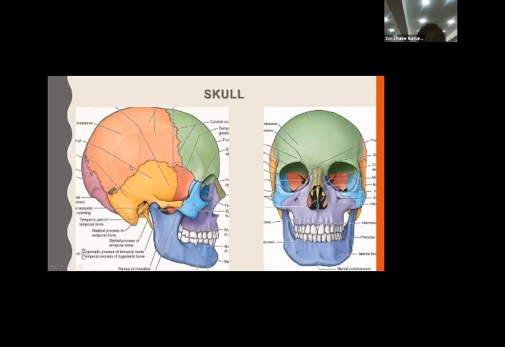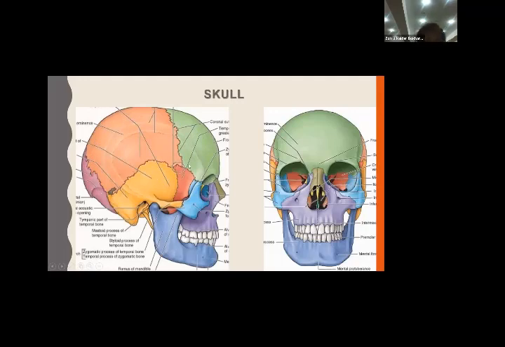So we have already done the bones of the skull. हमने इनको बहुत डिटेल में स्टडी किया था, ठीक है, revise these bones with you here last time. These bones, frontal, parietal, temporal, occipital, sphenoid, they make up a protective case around the brain.